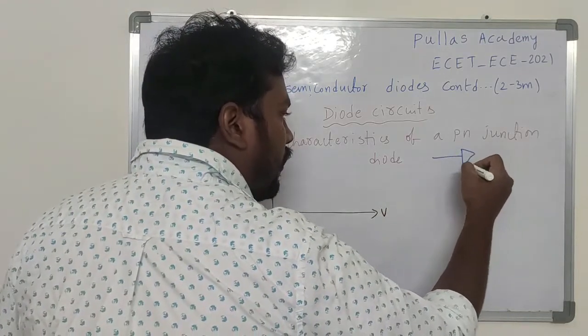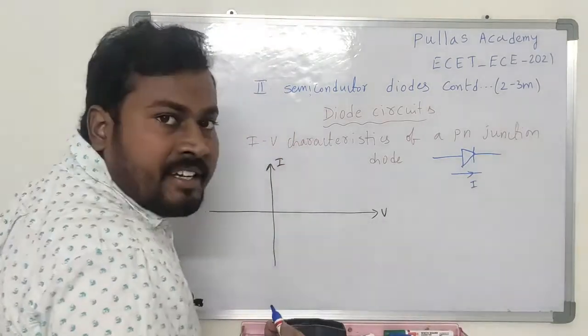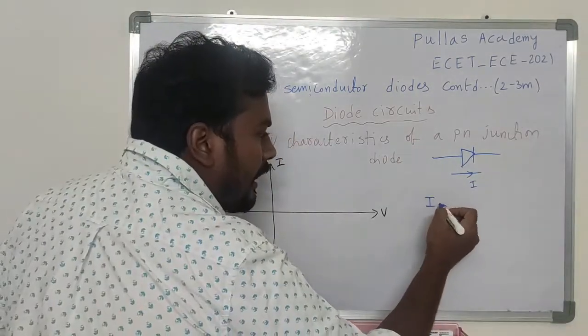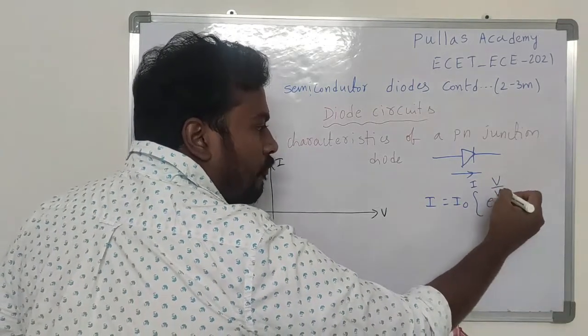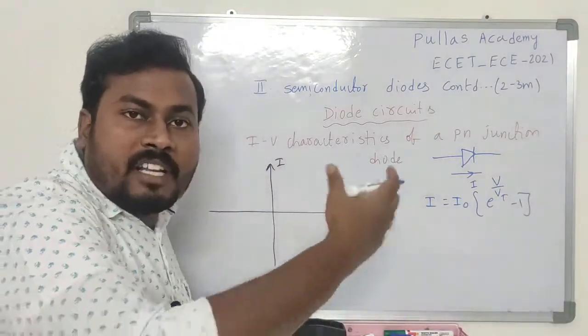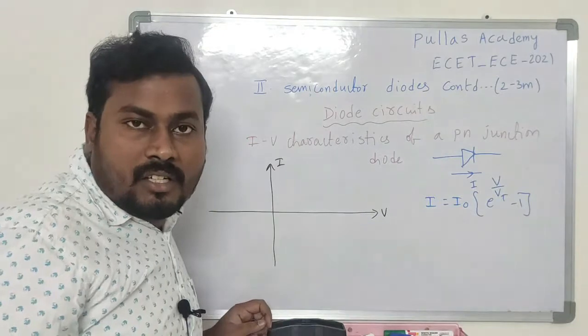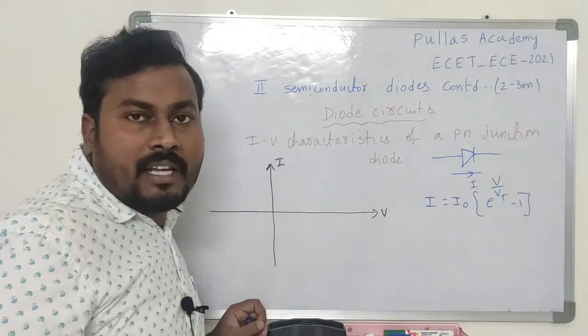The current through the diode when it is under forward bias is given as I is equal to I naught into e power V by Vt minus 1. I mentioned this in the previous video lecture when discussing the PN junction diode under forward bias.